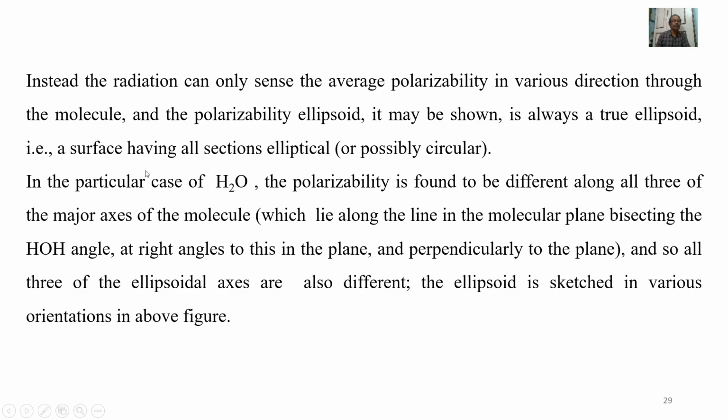In the particular case of H2O, the polarizability is found to be different along all three of the major axes of the molecule, which lie along the line in the molecular plane bisecting the HOH angle, at right angles to this in the plane, and perpendicular to the plane. And so all three of the ellipsoidal axes are also different. The ellipsoid is sketched in various orientations in the above figure.